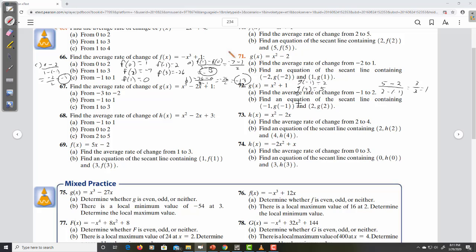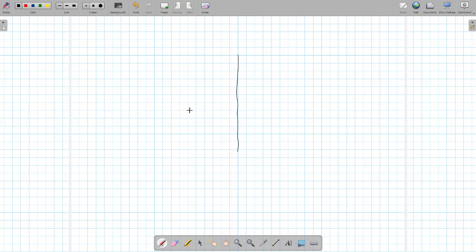Find an equation of the secant line containing this. So let's see here. We were looking at x squared plus 1. That graph looks like this. 0, 1; 1, 2; 2, 5; -1, 2.